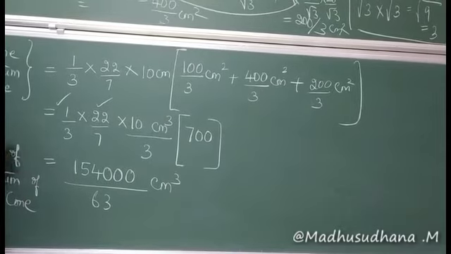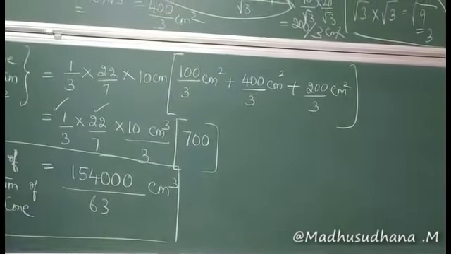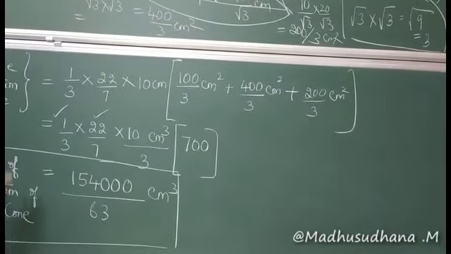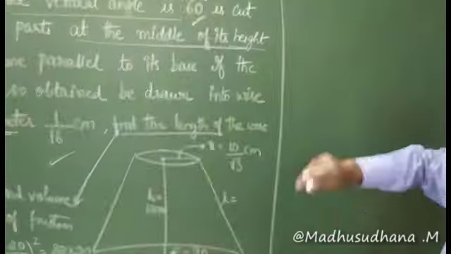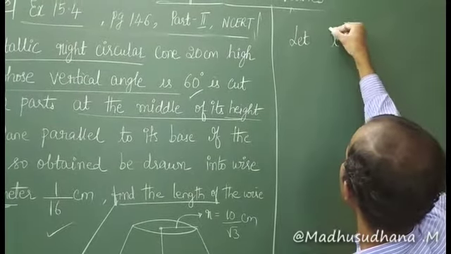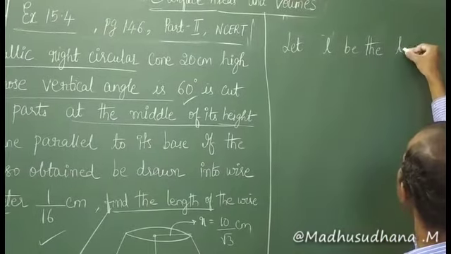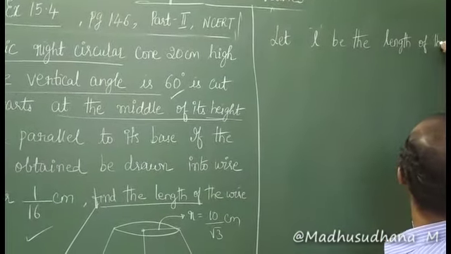Since further we have the other part of the question. What is the other part of the question? We need to find the length of the wire. So after finding the volume of the frustum, let L be the length of the wire.